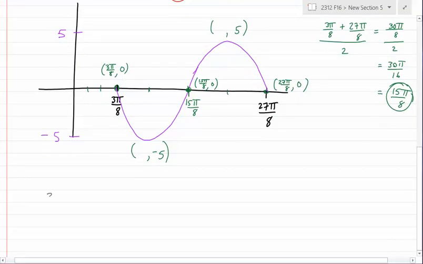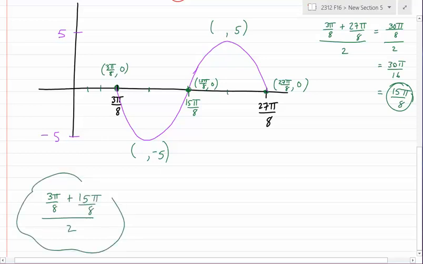I'm not really trying to waste a bunch of time showing this, but in case a student's watching this, I'll go ahead and do it. So what's in the middle right there? That would be 9 pi over 8. So there's another key point right there.